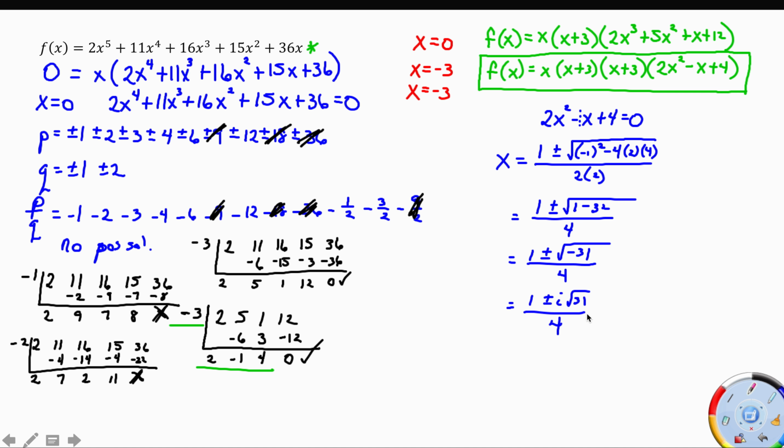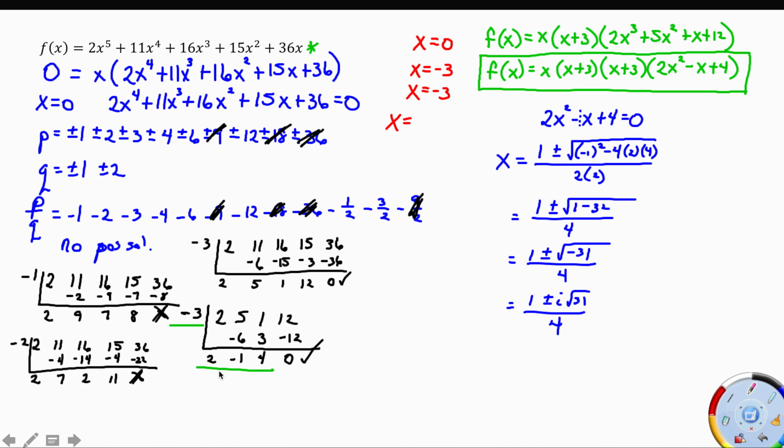Here are my other two zeros. 1 plus i square roots of 31 over 4 and 1 minus i square roots of 31 over 4. Remember, this rational root theorem only gets rational roots. It doesn't get complex roots. It doesn't get radical roots. So don't keep doing synthetic division.